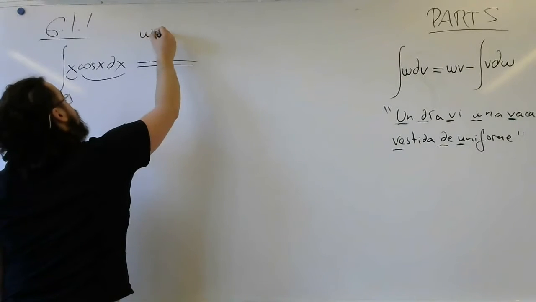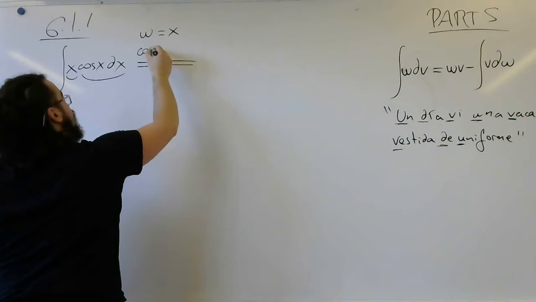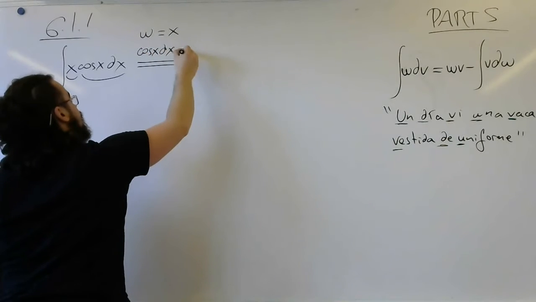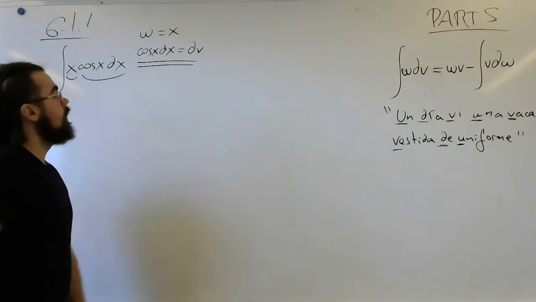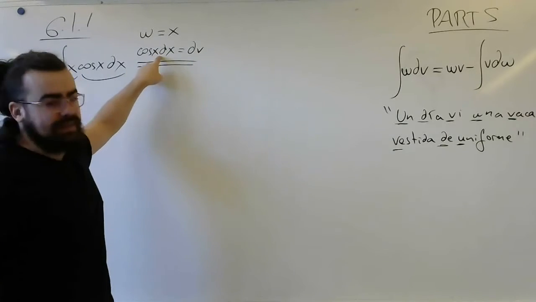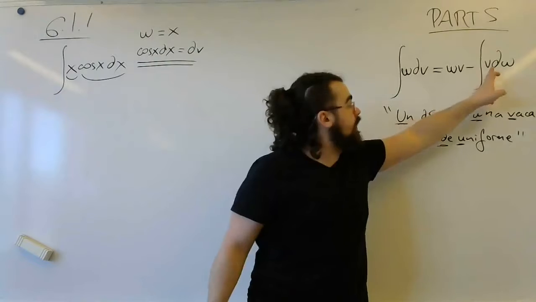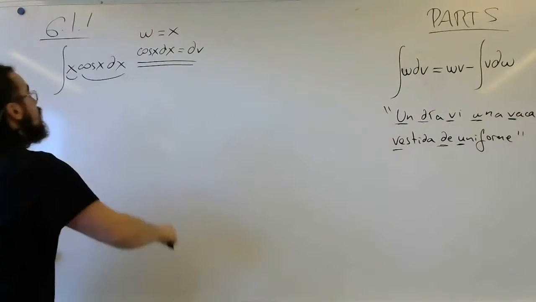So in our case, w is x, and cosine x differential of x is differential of v. The derivative of function v is cosine x, the derivative of x. So now we have to calculate v and differential of w.